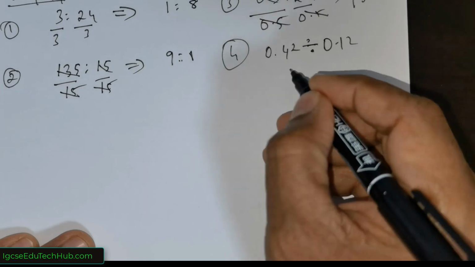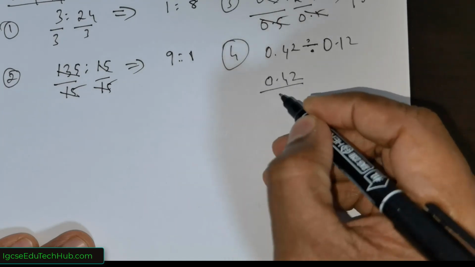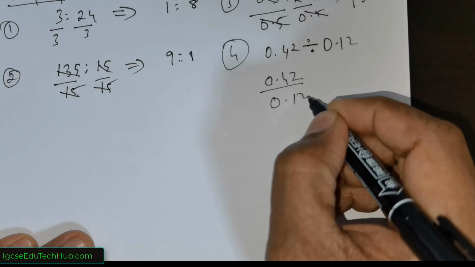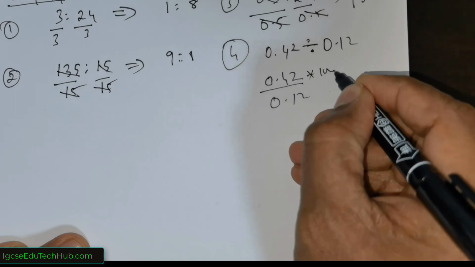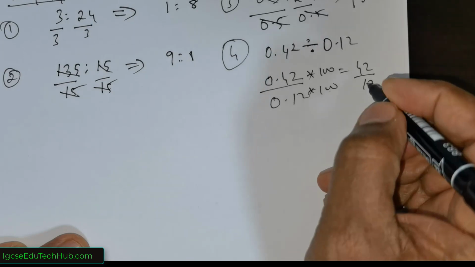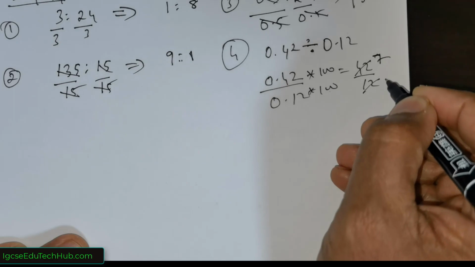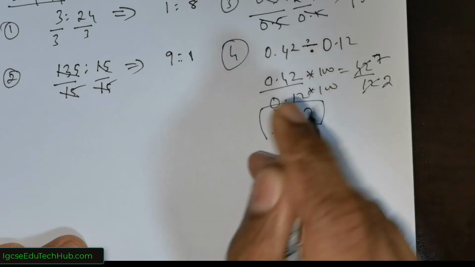So the meaning is the same, right? We can just simply write it as 0.42 divided by 0.12. Now I'm going to multiply by 100 both sides. So that would give me 42/12. I can utilize 6. 6 can divide 42 7 times, and 6 can divide 12 2 times. So 7:2 is the solution.